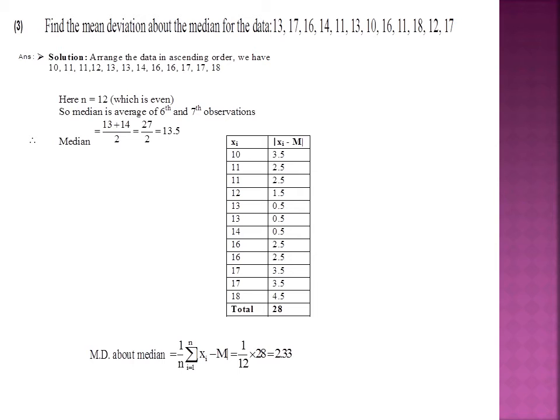So that equals the sum of modulus of xi minus M, that is 28, and the total number of observations is 12. 28 by 12, that is 2.33. Is it okay? Make a note.